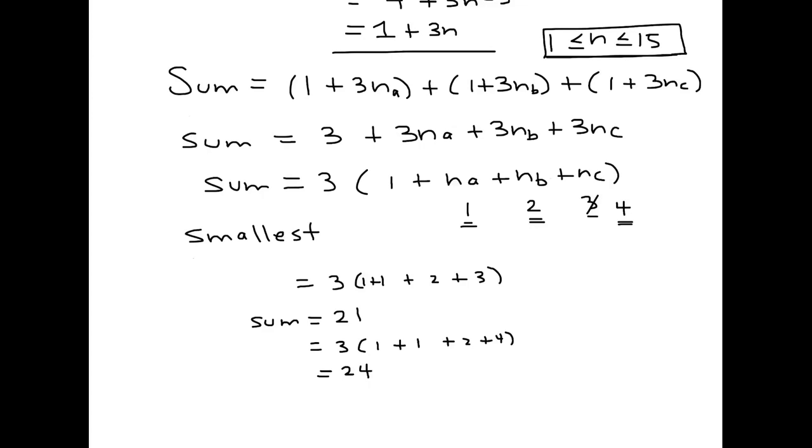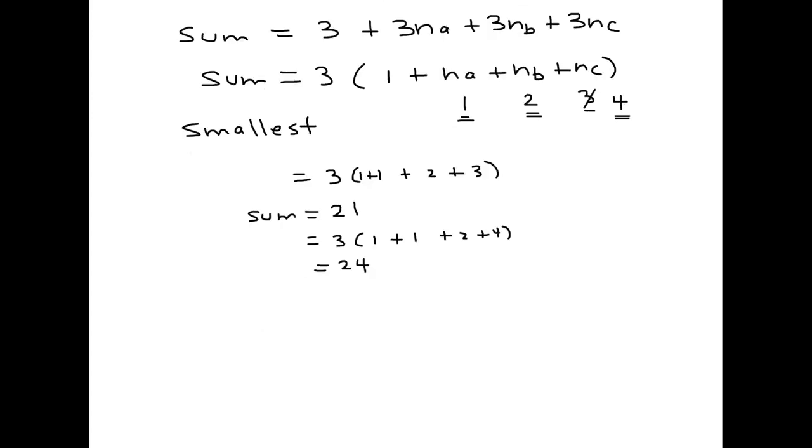All right? And let's keep going. If we added the first term, the second term, and say the fifth term, what would we get? We would get 3 times (1 plus 1 plus 2 plus 5), which is 7 plus 2 is 9. 9 times 3 is 27. So you see all the sums are going up by 3.